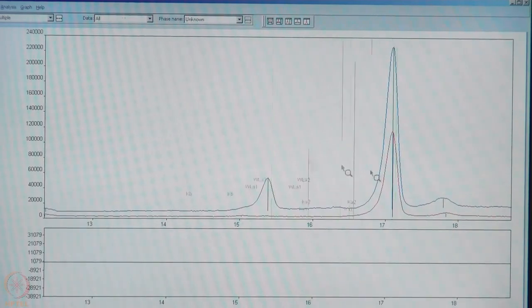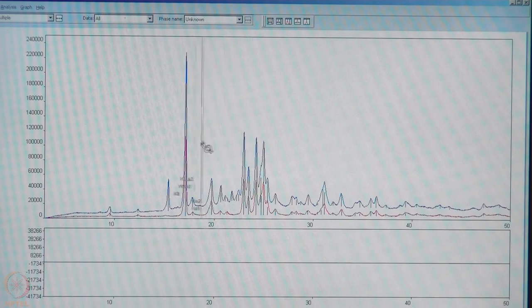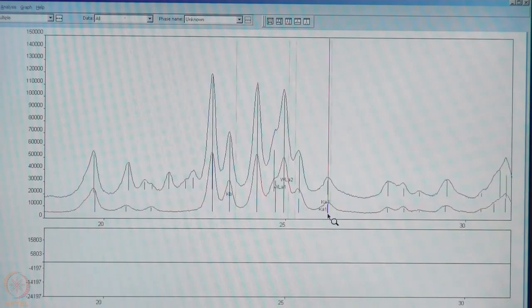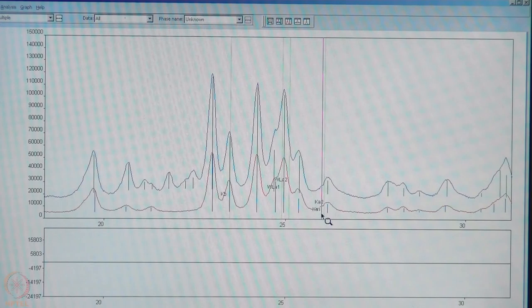This case becomes more significant in the high angle region where we have lots of peaks, and the K alpha peak from the sample gets merged with the K beta peak of another peak and makes the powder X-ray diffraction pattern broad.